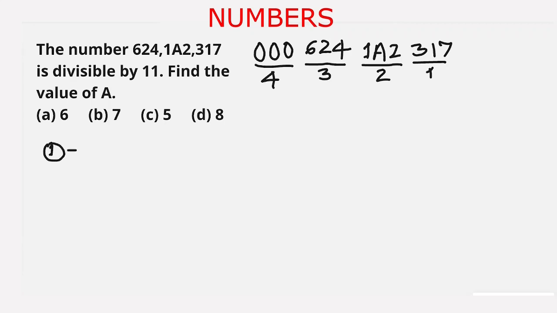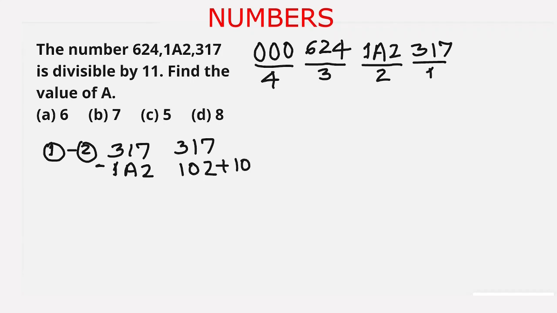Set 1 minus set 2 is 317 minus 1A2. Here we see that A is in the tens place in 1A2. So we can write this as 317 minus 102 plus 10A. If A is a digit, then we have to multiply that digit by 10.